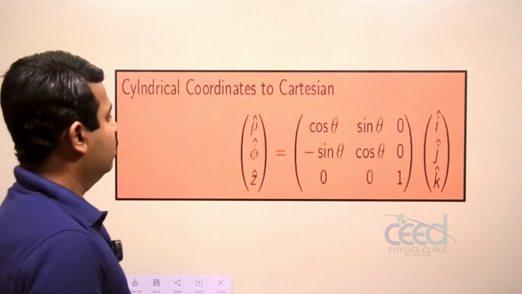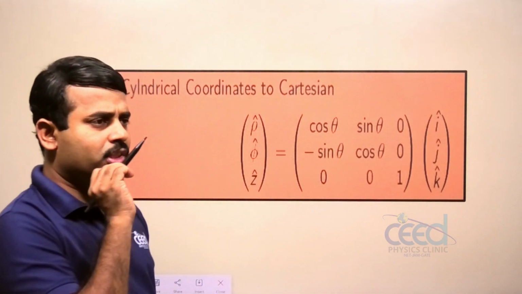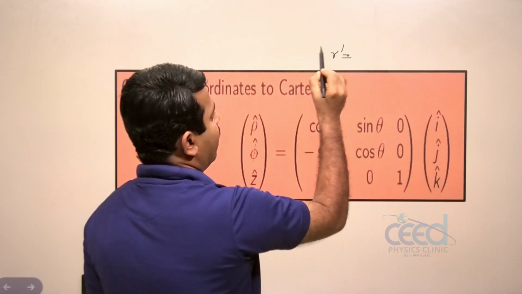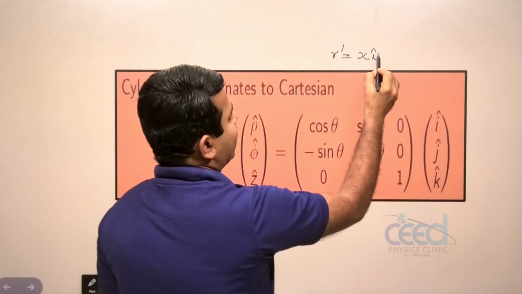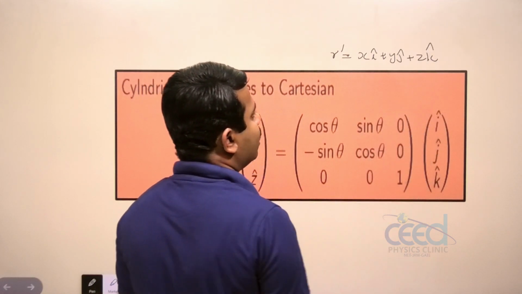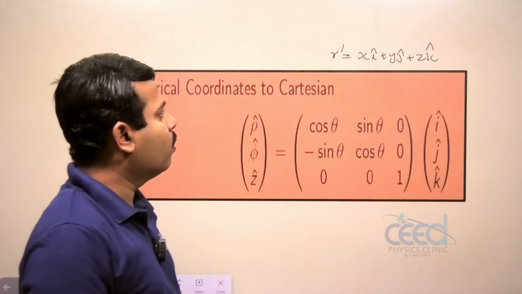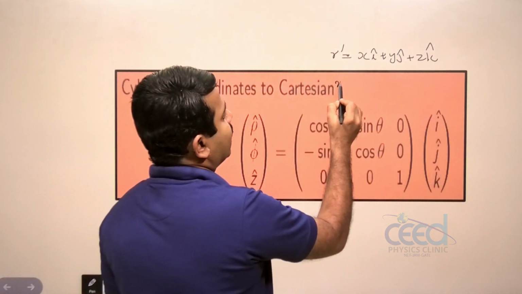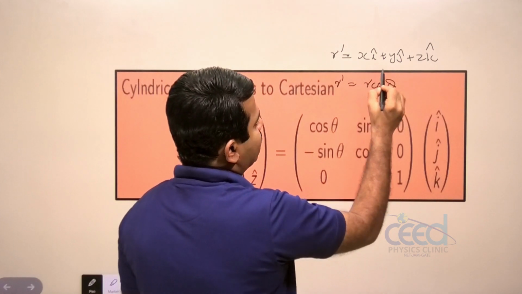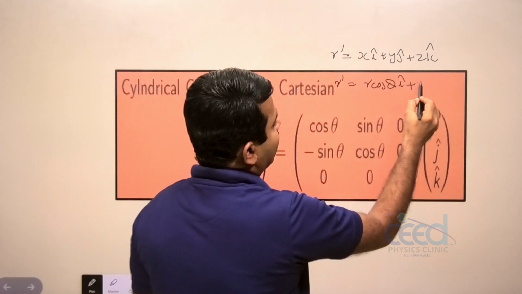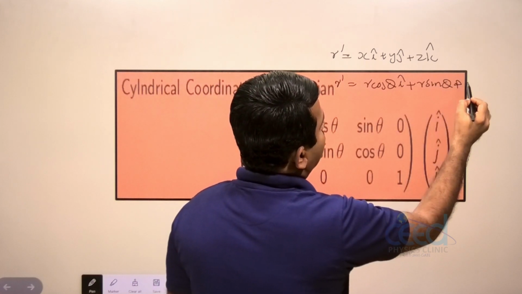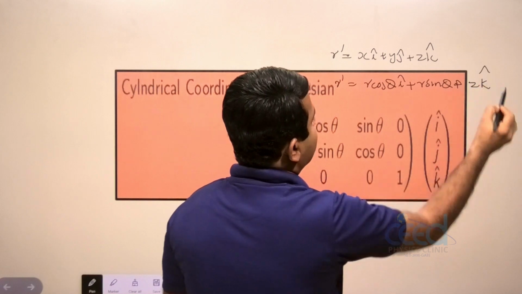See here, what is the position vector in cylindrical coordinates? r' is equal to x i cap plus y j cap plus z k cap. Now in cylindrical coordinates, what we studied: x is equal to r cos theta, right? y is equal to r sin theta and z is equal to z only, right?